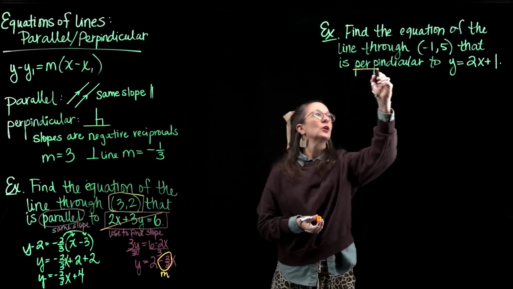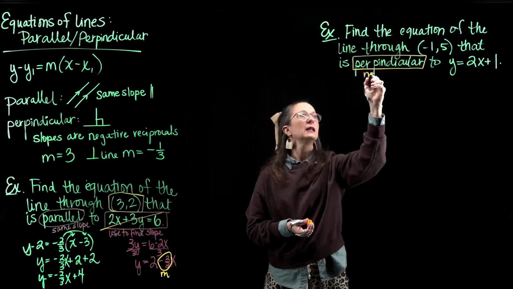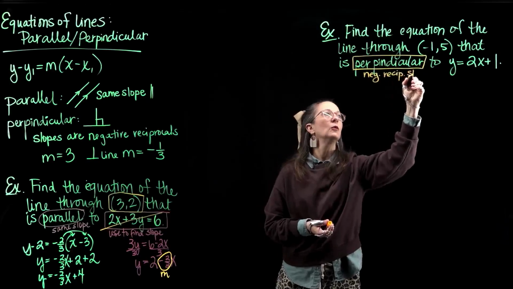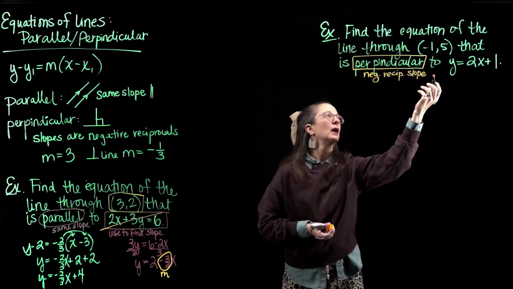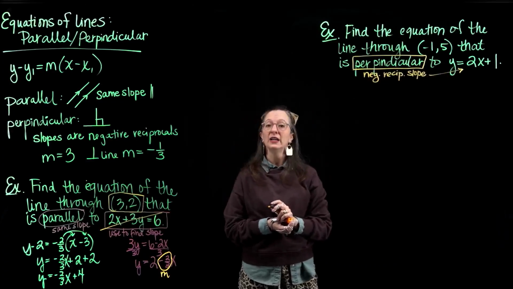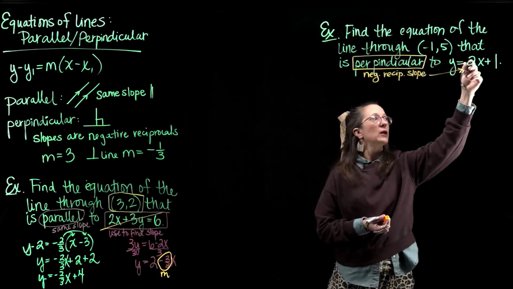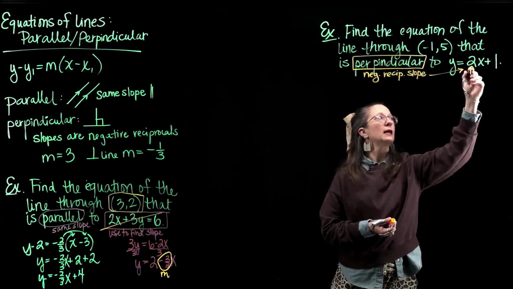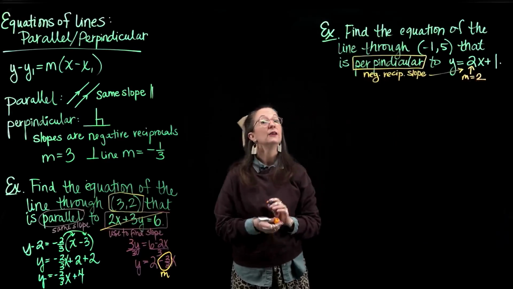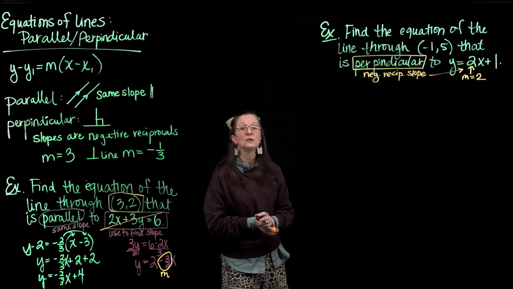We're going to notice the word perpendicular means negative reciprocal slope from this line right here, the line y = 2x + 1. So y = 2x + 1 has a slope of 2. If we wanted a line parallel to that one, we would use a slope of 2, but we don't.